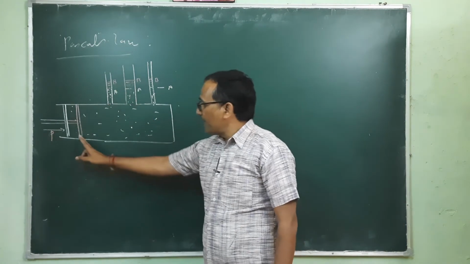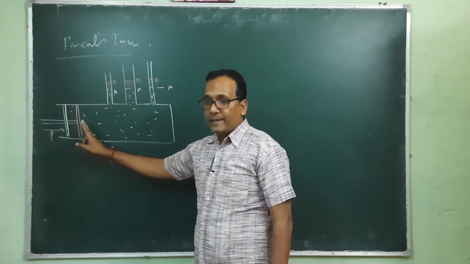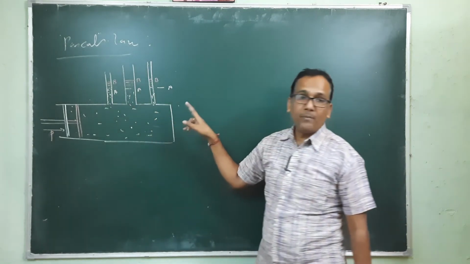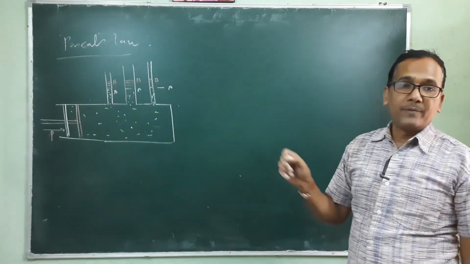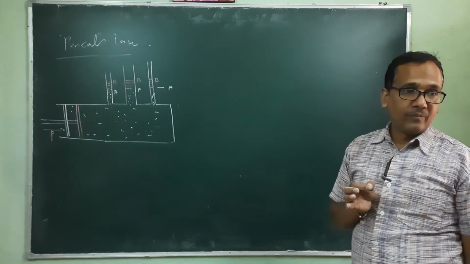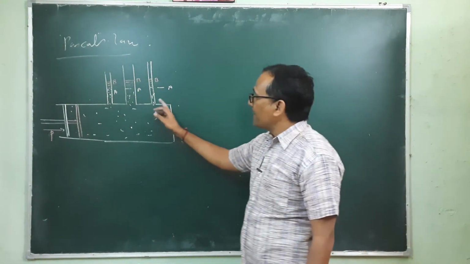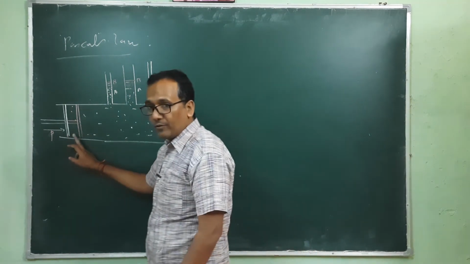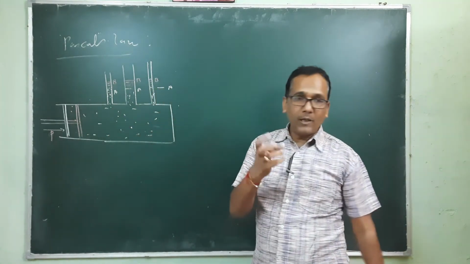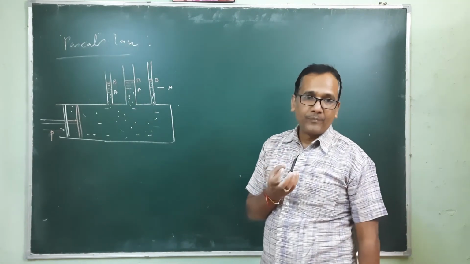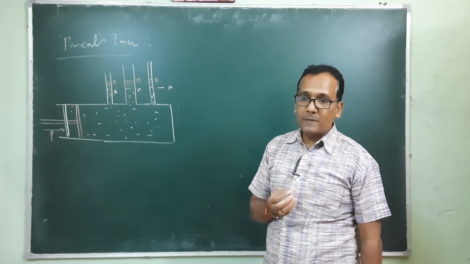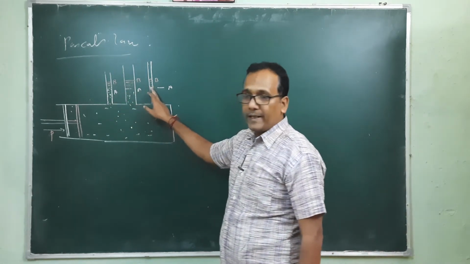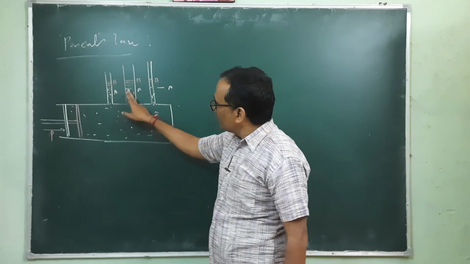And why? Because we are applying pressure here, and this pressure is applied to each and every molecule of this liquid with the same amount, irrespective of the size of these tubes. Get my point? जैसे हम यहाँ पे प्रेशर अगर कोई लगा रहे हैं, तो ये प्रेशर जो है, ये लिक्विड के जितने भी मॉलिक्यूल्स हैं, जितने भी साइड ये हैं, सारे लिक्विड पे, सारे मॉलिक्यूल्स पे आइडेंटिकली अप्लाई होता है. इसलिए this is that initial level which is identical. जितना प्रेशर यहाँ पे अप्लाई हो रहा है, उतना ही प्रेशर यहाँ पे अप्लाई होगा.